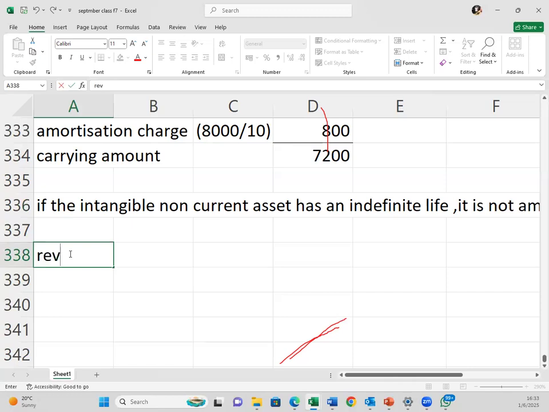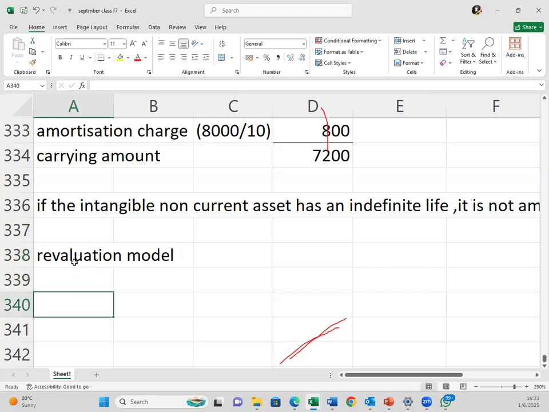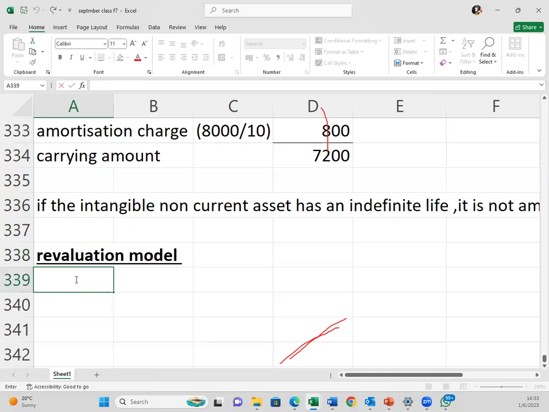Then we have the revaluation model. If we are using the revaluation model, it means at the end of the period, we revalue our intangible non-current assets.